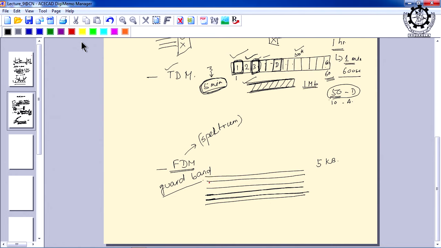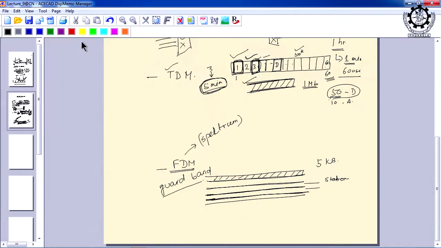So, these guard bands along with the channels are created inside the whole available channel bandwidth, and each sub channel is allocated to a station or node. So, 5 channels, 5 stations are allocated, and the stations are allowed to transmit only within their spectrum. They cannot go beyond their spectrum. If they need any extra bandwidth for their transmission, they are not allowed to do so.